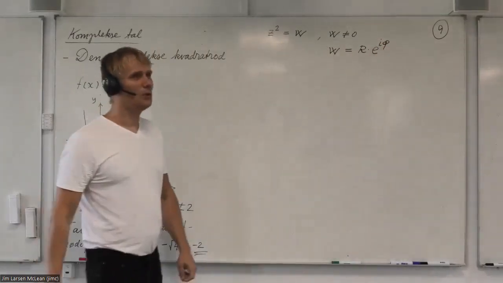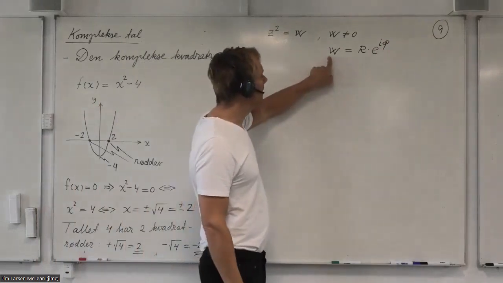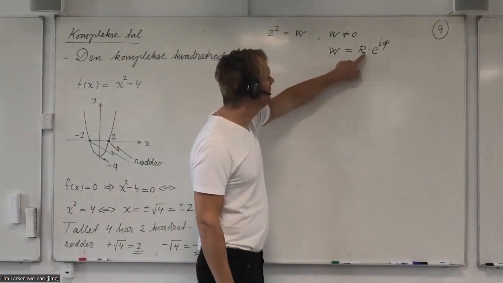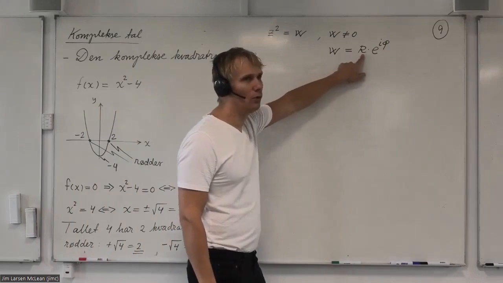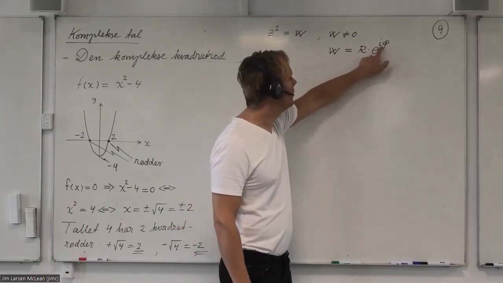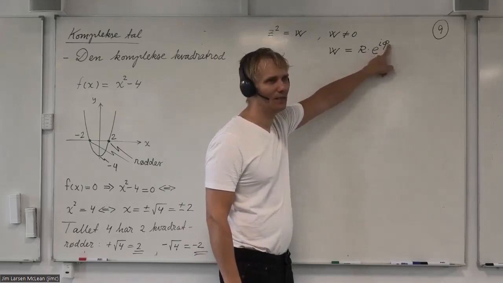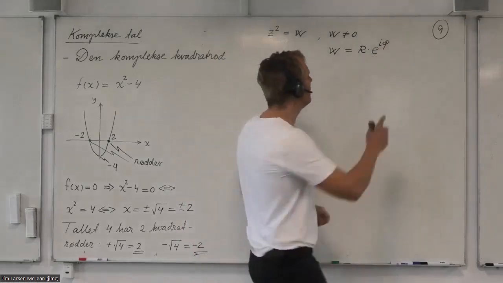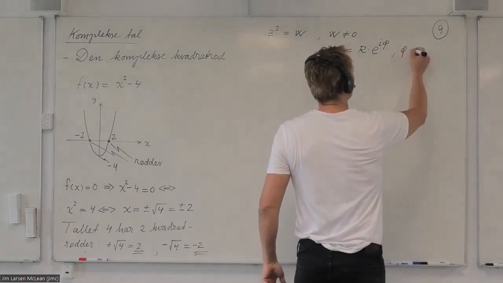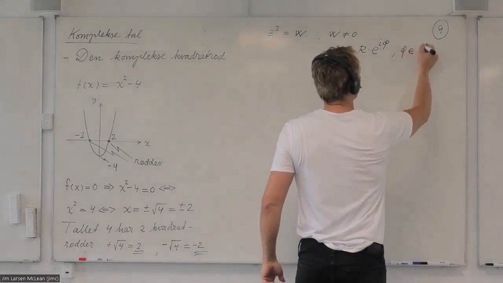So here it states W is a known complex number, which equals a known distance from the origin times Euler's number, raised to the power of the imaginary unit, times some known angle phi. And imagine as well that this angle, phi, lies within this interval.